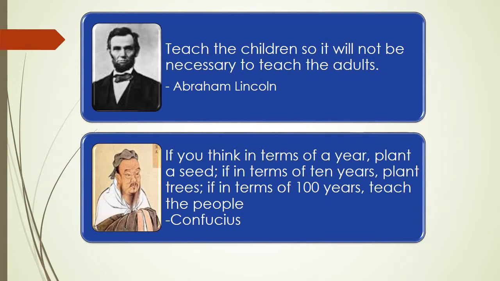And then finally from Confucius: if we're just thinking in terms of a year, we just plant a seed. And sometimes we have to do that. We plant a single seed and hope that it grows. But if we're thinking more long term, in 10 years, we need to plant a tree. But if we're thinking very long term, we need to think in the idea of teaching the people. And I think that's so important in digital ideas as well.